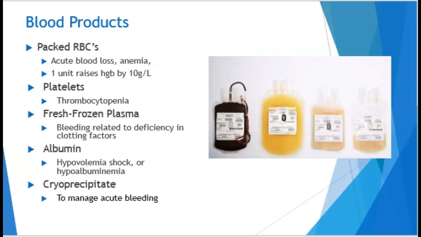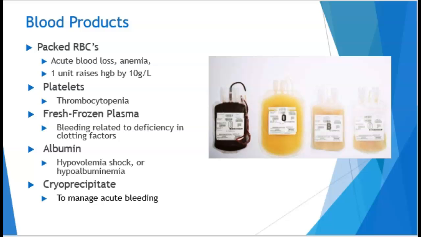So blood products are from donated people to use as a replacement for patients that may be missing some of those cells. So for packed red blood cells, it is exactly that. It's red blood cells that have had some of the plasma removed to make them packed red blood cells. So it's used for someone that's had an acute blood loss or has an anemia.